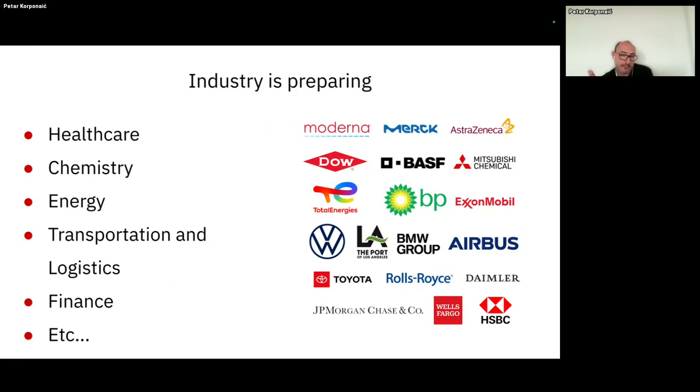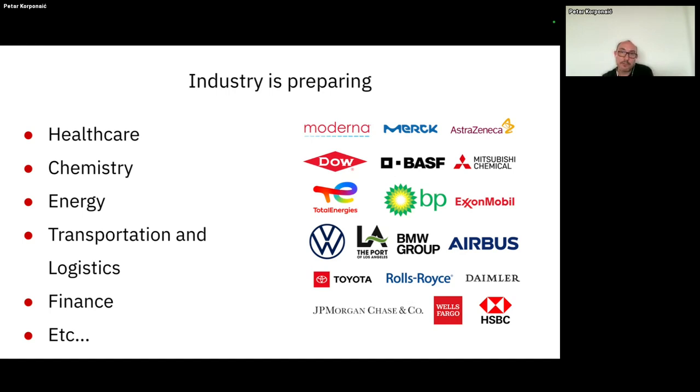This is not a full list, but for every industry I listed some companies that you are familiar with. All these logos are very familiar, and they are mostly big companies who have a budget for unconventional approaches to their problems. They have already started preparing, and they are already experimenting and assessing the potential use of quantum computing in their everyday business.